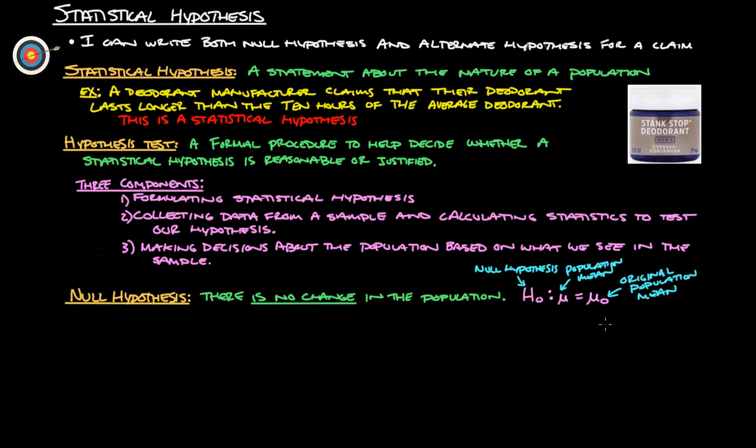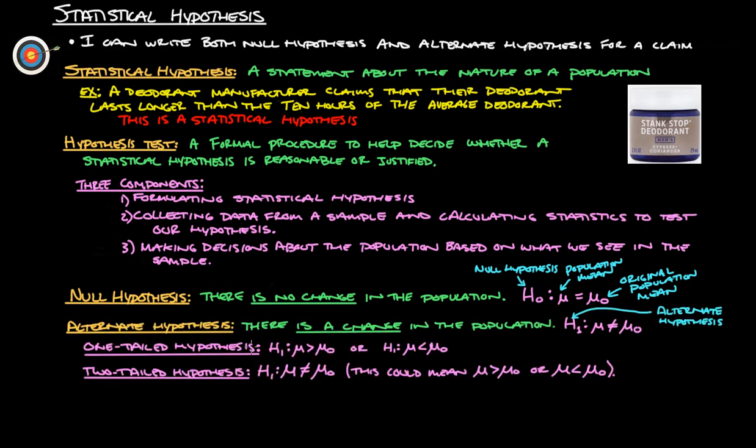This will make more sense as we get rolling along. The alternate hypothesis is that there is a change in the population. So H1 states that the mean is going to be different than the original population mean. They should be pretty close to the same, and they're going to be different.